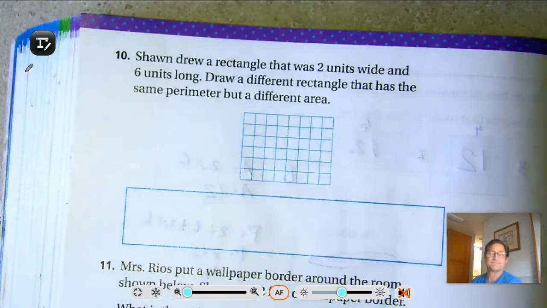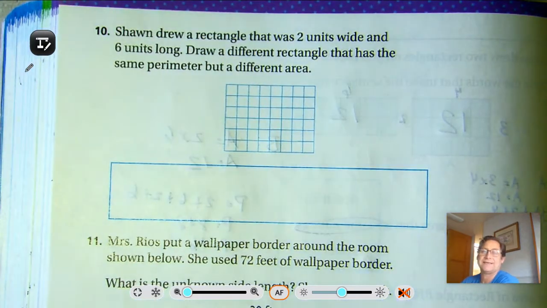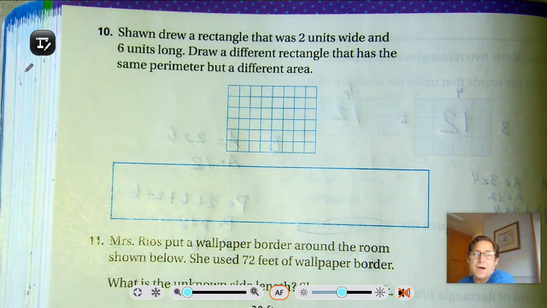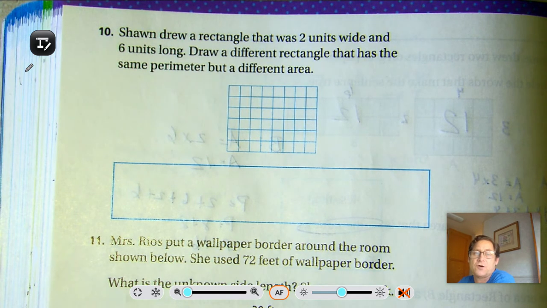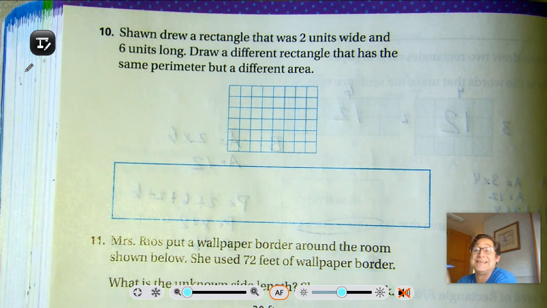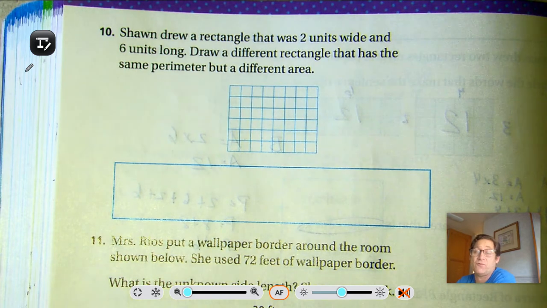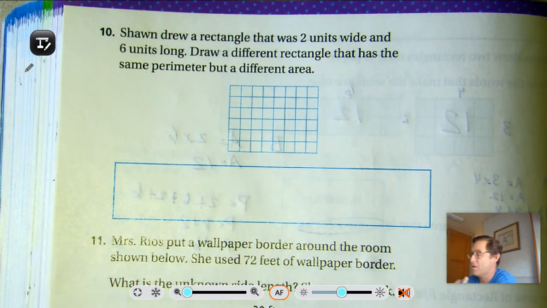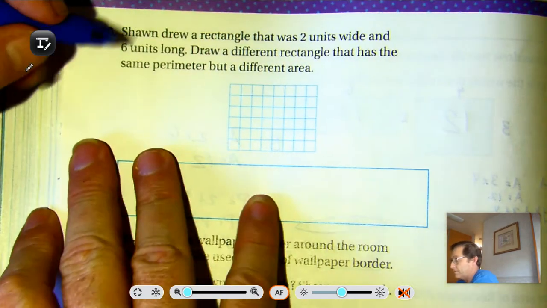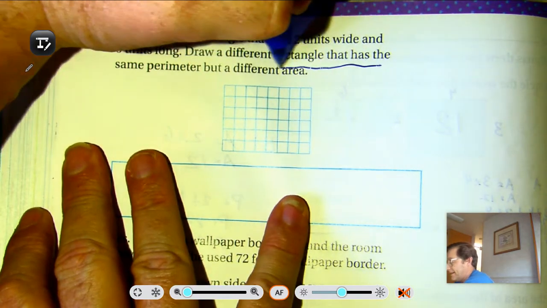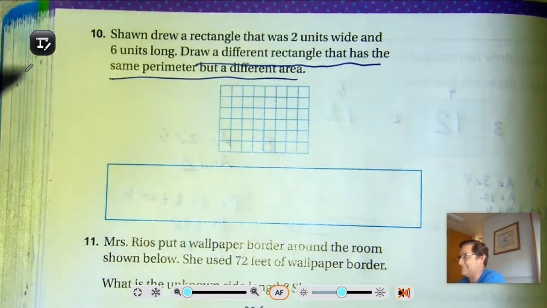Number 10. Sean drew a rectangle that was 2 units wide and 6 units long. Draw a different rectangle that has the same perimeter but a different area. Okay, so draw a different rectangle than a 2 by 6 that has the same perimeter.